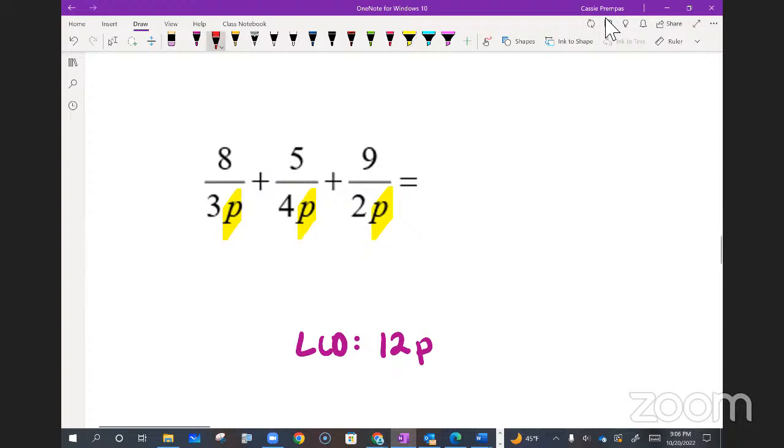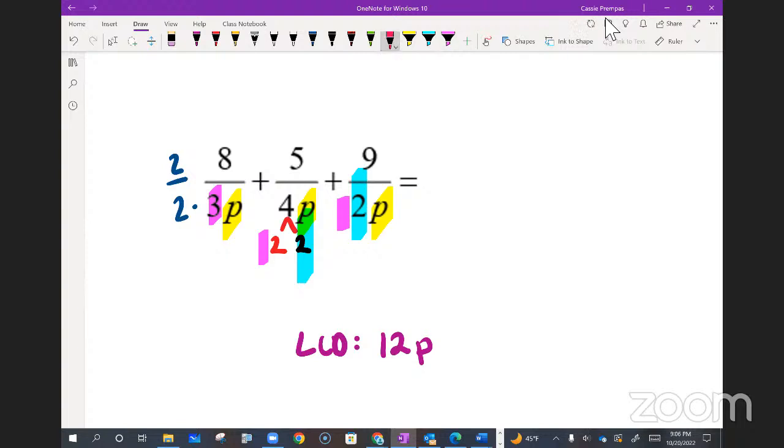If I looked at the number 4, 4 is 2 times 2. So I can see there's a 2 and a 2, but this guy's missing a 2, so I'm going to multiply it by 2 over 2. And then furthermore, here is a 3, but this guy's missing a 3, this guy's missing a 3, and the number 4 has 2 2's.